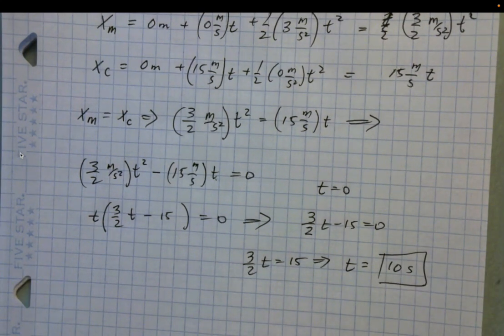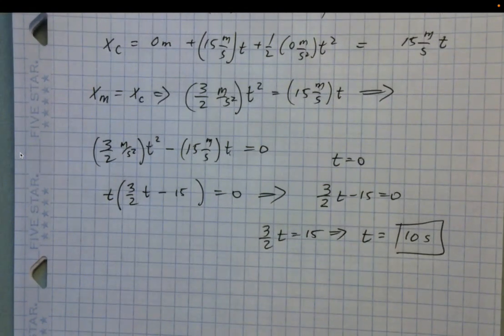Okay, so 10 seconds into this scenario, the motorcycle overtakes the car. The motorcycle has sped up sufficiently that it overtakes the 15 meters per second and catches up to the car. Okay, and so that's part A.